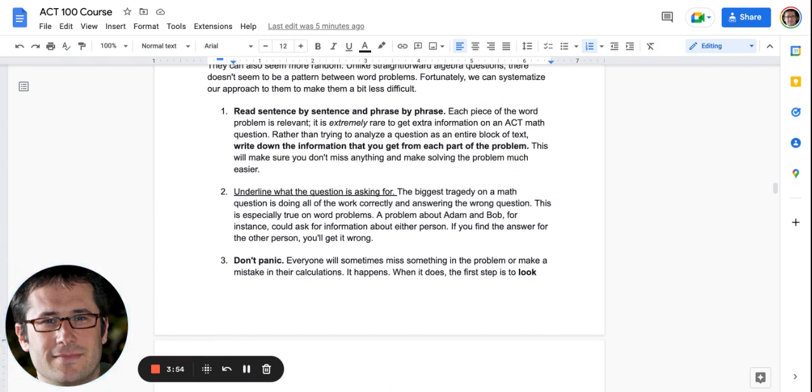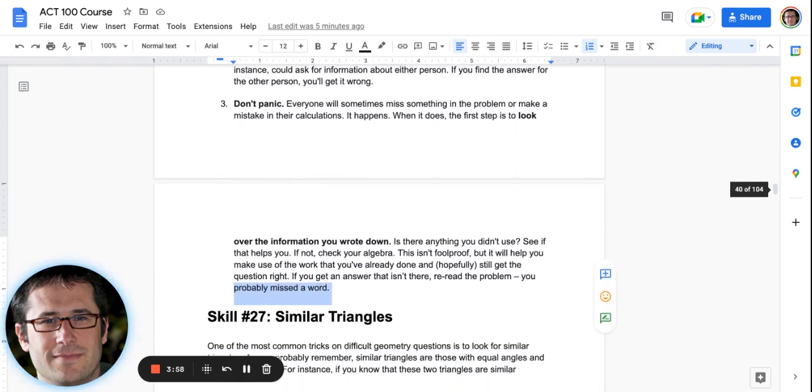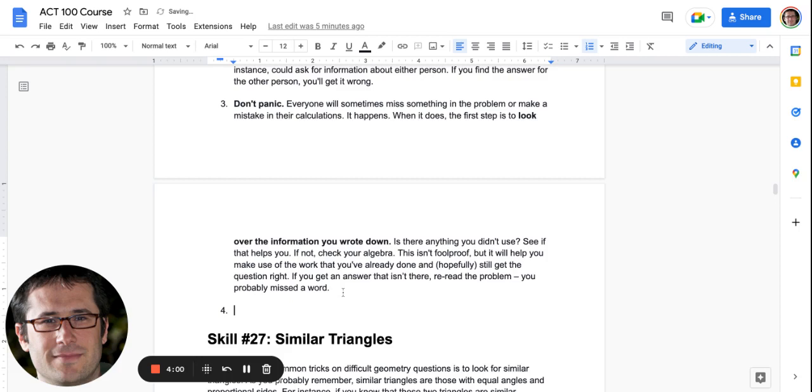So those are the three most important things. And I'm actually going to add one more right now, which is draw. Okay. So whenever you can, if there's a picture that you can draw that goes along with the problem. This is really common for a word problem that talks about geometrical figures but doesn't actually draw them.